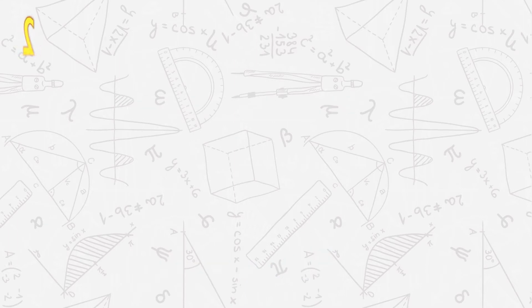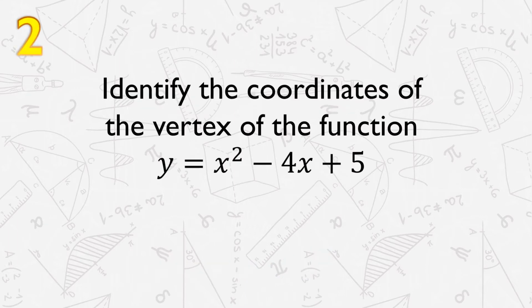Question number 2. Identify the coordinates of the vertex of the function y is equal to x squared minus 4x plus 5. Again, identify the coordinates of the vertex of the function y is equal to x squared minus 4x plus 5. Go.